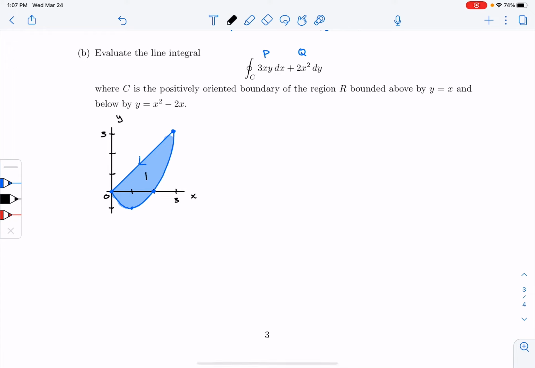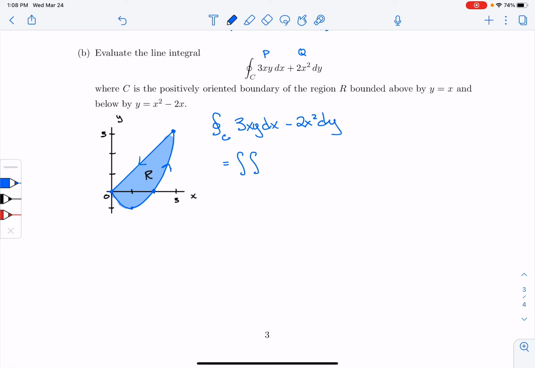So that region will be R. So I'm going to apply Green's theorem here to say that the integral of 3xy dx minus 2x squared dy around that closed curve is going to be a double integral over the region R.